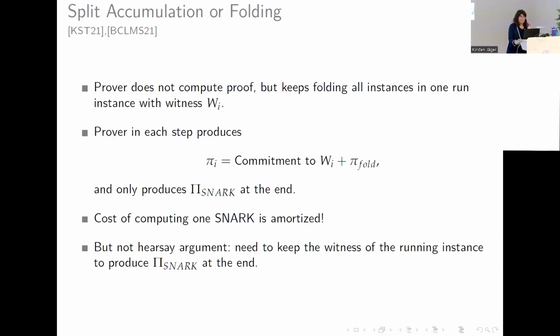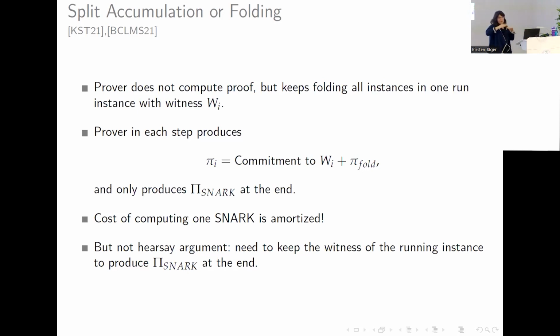Finally, the final approach is split accumulation or folding. In fact, when I told you about folding, folding appeared exactly in this context. The idea was that the prover does not compute any proof. It just keeps making a commitment to each part of the witness of the computation. It keeps accumulating the witness, but it's not proving anything until the very end.